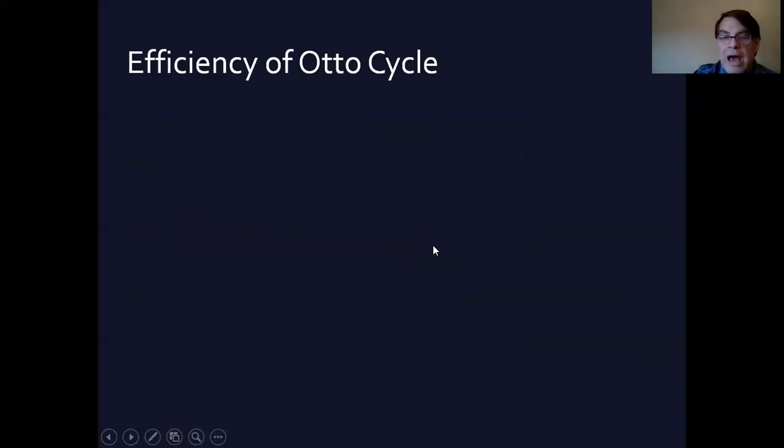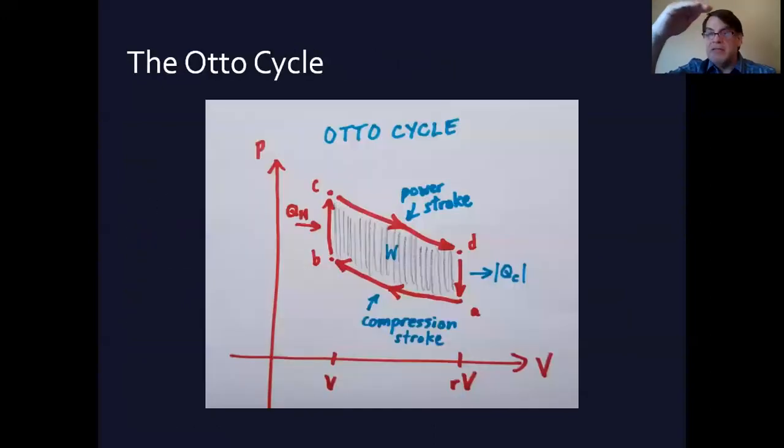It tells you how many times as big the volume gets. So typical for a car would be an 8 to 10. So in your typical stroke, the volume in a cylinder is going to expand 8 to 10 times what it was at the start of the stroke. Okay, so RV is not an RV you drive, but R is the ratio of how many times the volume increases in a typical stroke.